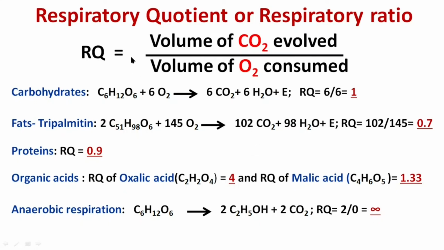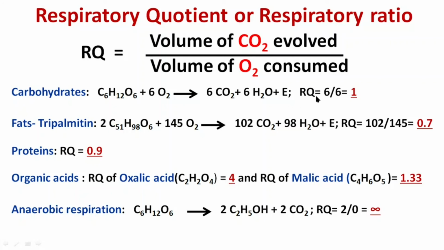Now that we have seen what RQ or respiratory quotient is, how to calculate it, and how this RQ value differs for different respiratory substrates, one important thing to understand is that whenever living organisms consume food, they do not take pure carbohydrates or pure fats or pure proteins. Usually it will be a mixture. RQ of a mixed diet will be closer to 0.85.